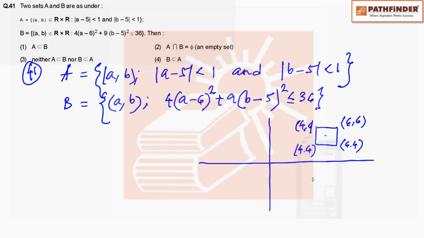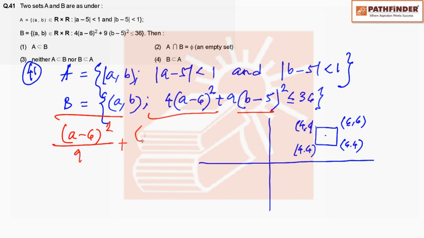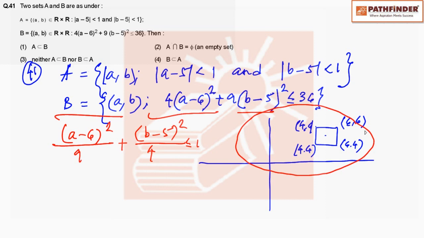And the equation of B is represented by A minus 6 square by 9 plus B minus 5 square by 4 less or equal to 1. That means it is the equation of an ellipse. So the ellipse is outside the square.